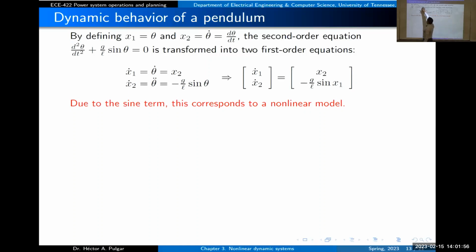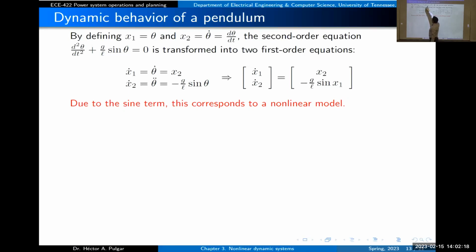So we pick these state variables, and then we convert that second order equation into 2 first order equations in this fashion. So if x1 is theta, the derivative of x1 is the derivative of theta, but that corresponds to x2. So that's the first equation.